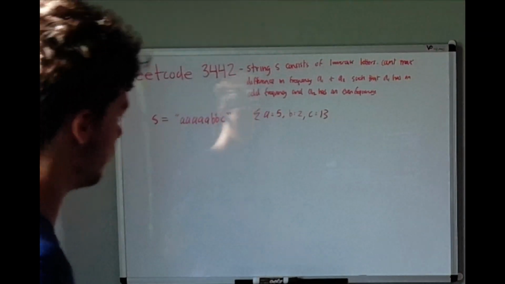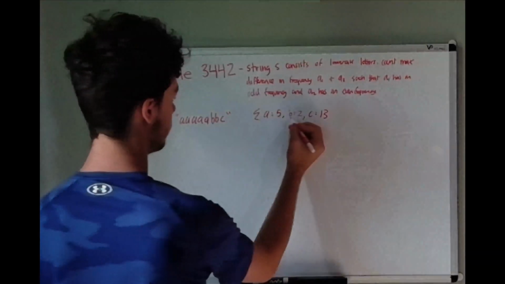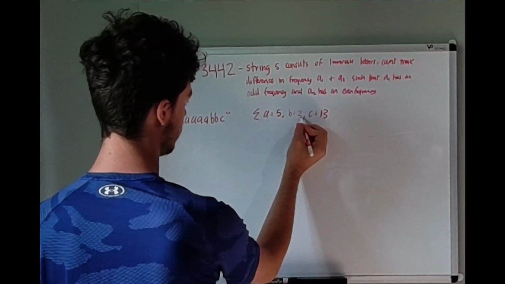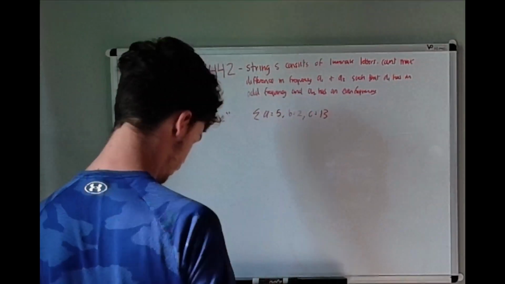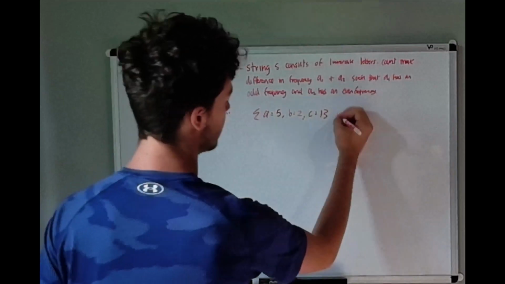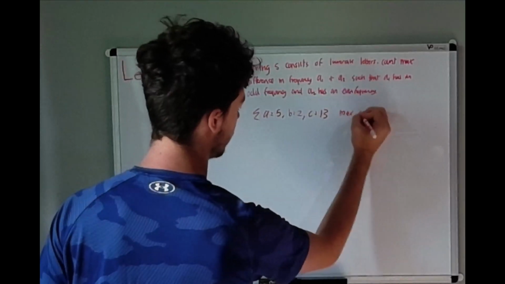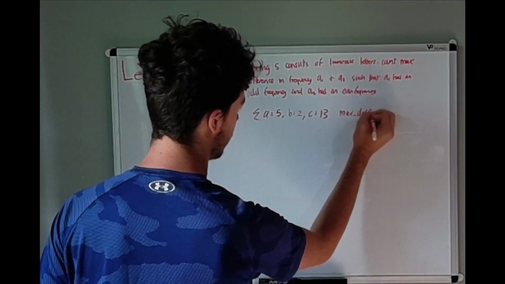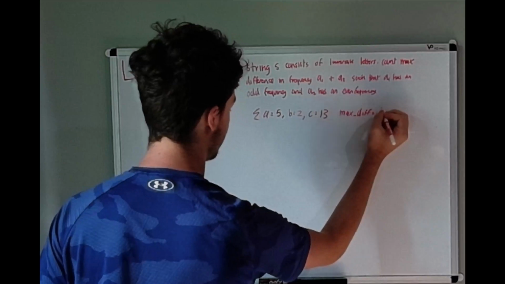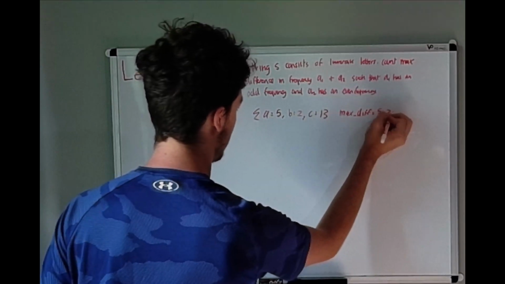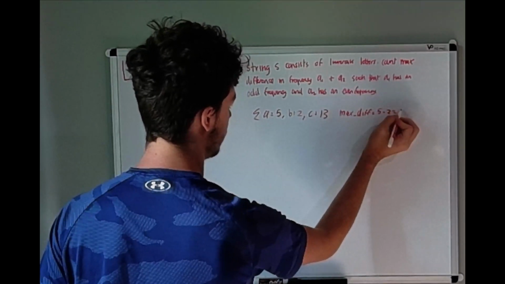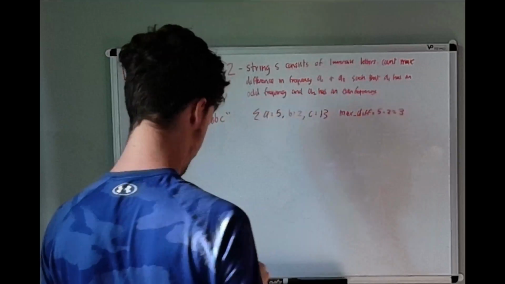But so obviously the max difference equals 5 minus 2, which is equal to 3.